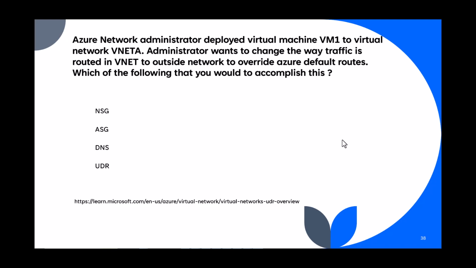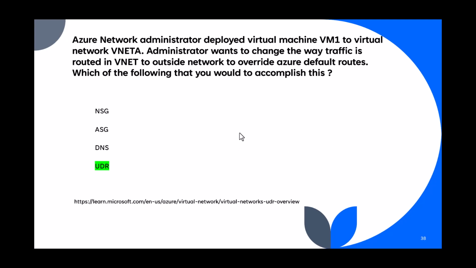The default routing is enabled between the Azure backbone network. So you want to override that default route to go somewhere outside. If you have a network appliance, you need to divert traffic from the VNet to that firewall appliance. That's where you can control all the traffic going to the outside network. So basically, the answer to this question will be UDR, for user defined routes.